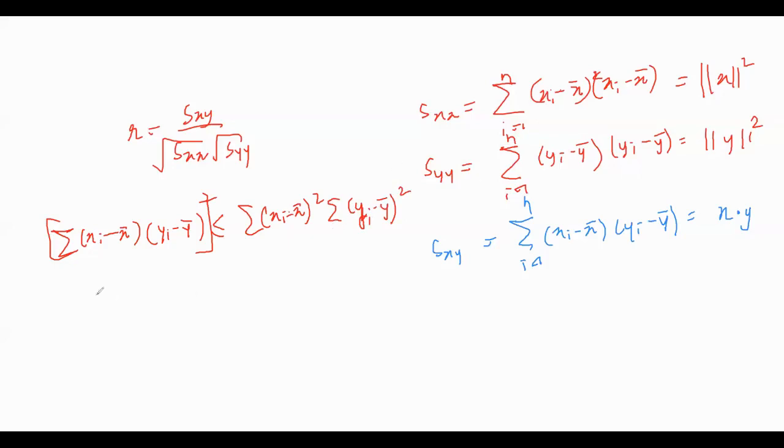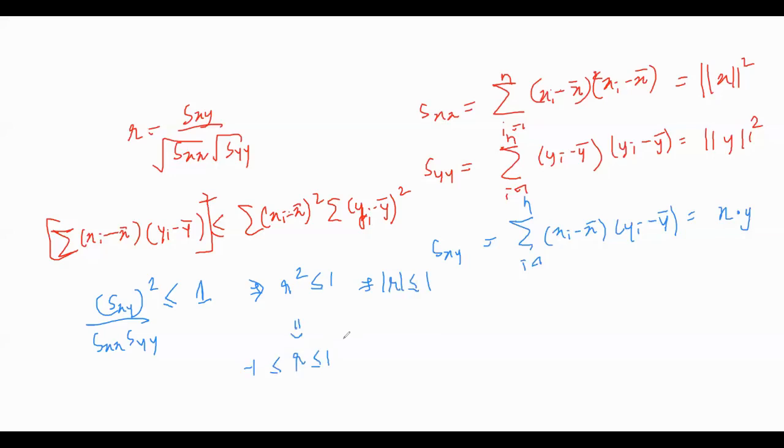We get from here that Sxy whole square by Sxx times Syy is less than or equal to 1. That gives that r square is less than or equal to 1. It also gives that modulus of r is less than or equal to 1. It also gives that r is less than or equal to 1 and greater than or equal to minus 1. That gives the proof. And also you can get the understanding that this is the modulus of x whole square, the modulus of y whole square, and this is x vector dot y vector whole square.